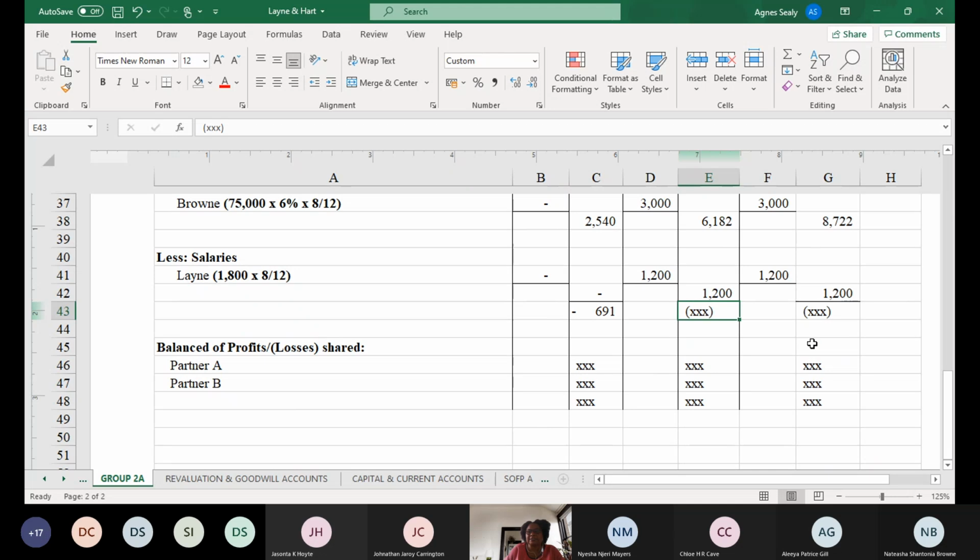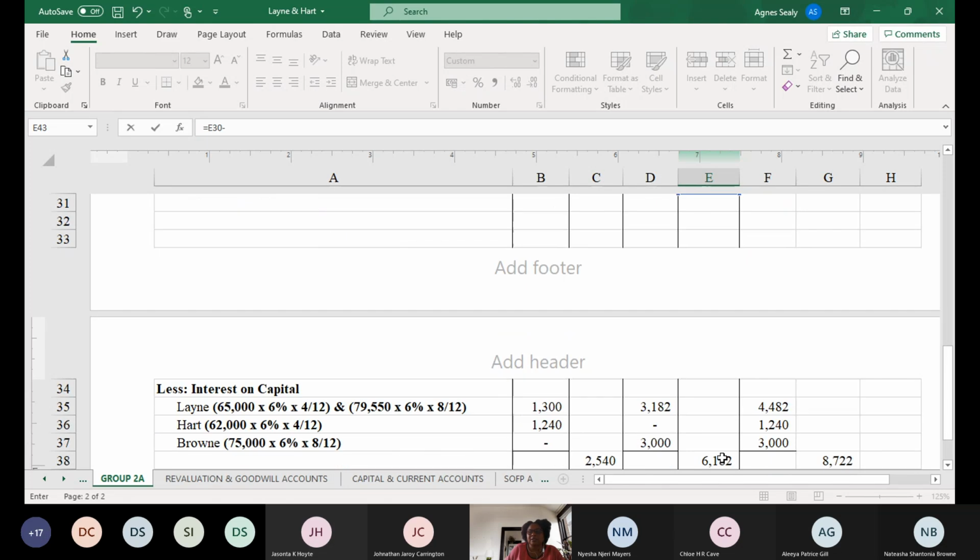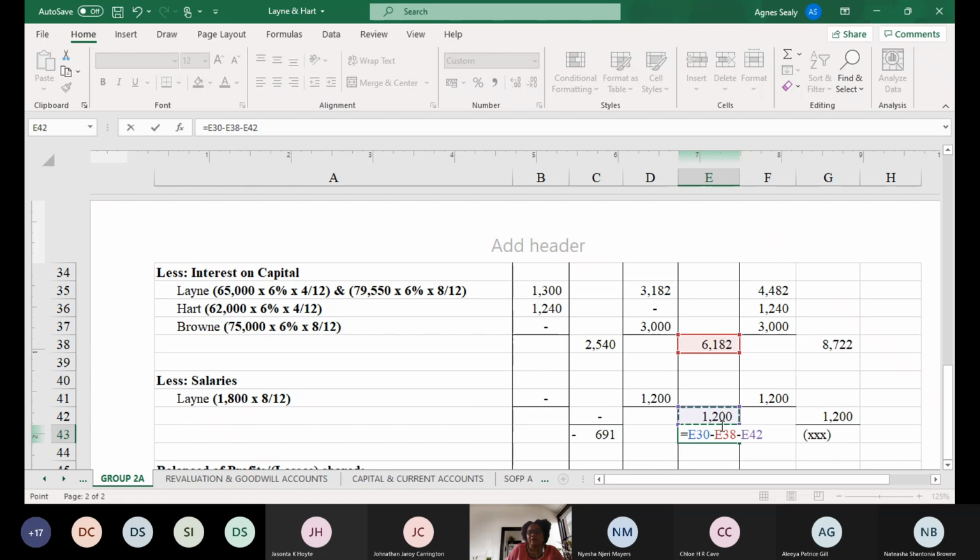So let's see what it is for the new agreement. You have 36,493 in profits minus 6,182 minus $1,200. So under the new agreement now, there is a profit to be shared with Layne and Brown.